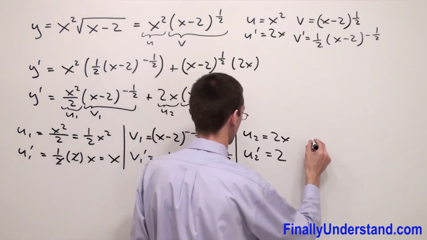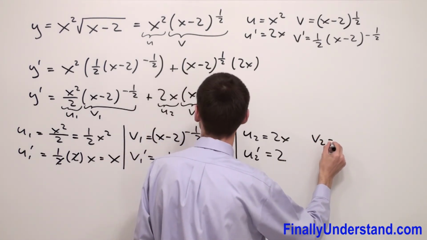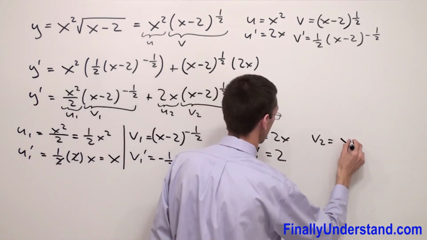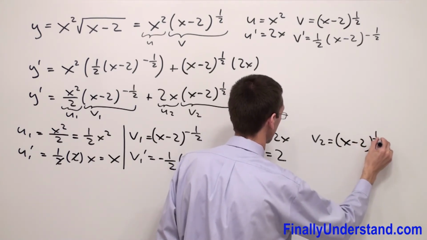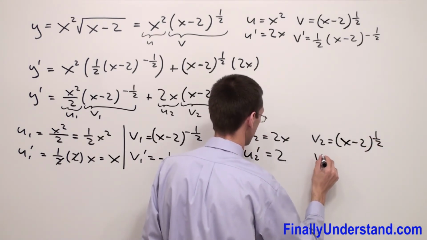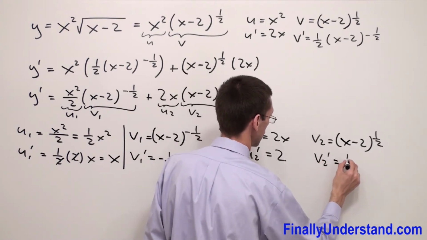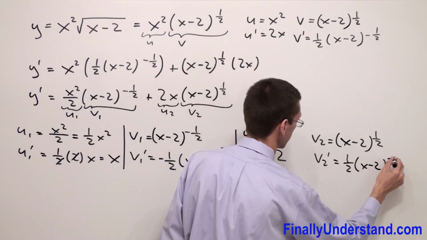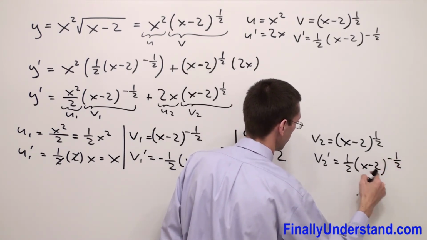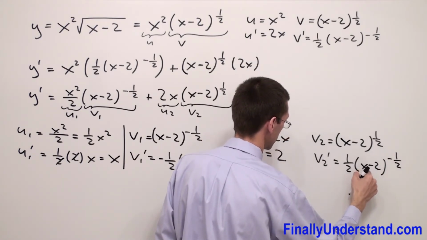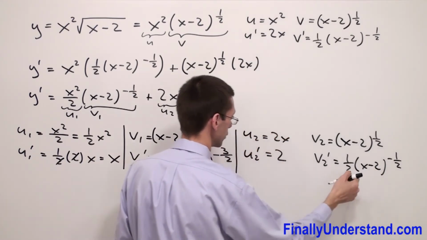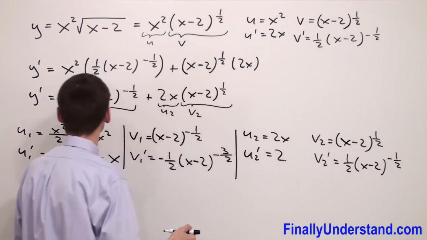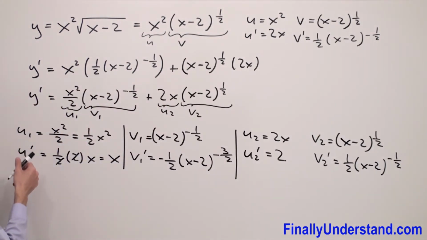And we have v2 is equal to (x minus 2) to power 1/2, and I have v2 prime equals 1/2 (x minus 2) to power negative 1/2 times the derivative of the content of the parenthesis, which is equal to 1, because the derivative of x is 1. So this is my v2 prime.